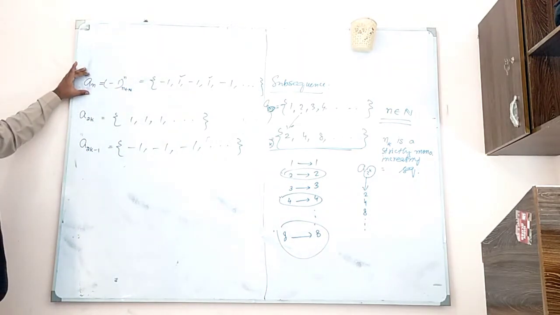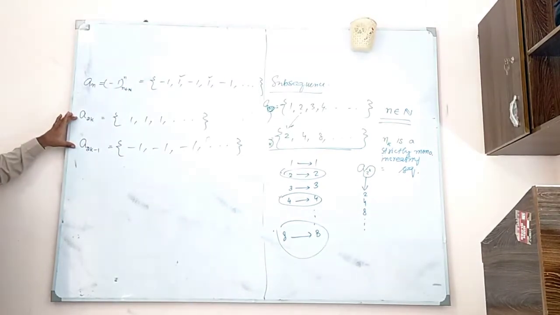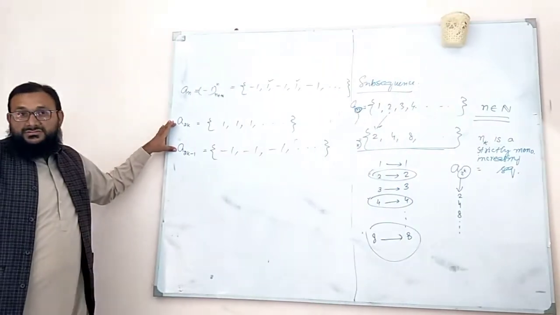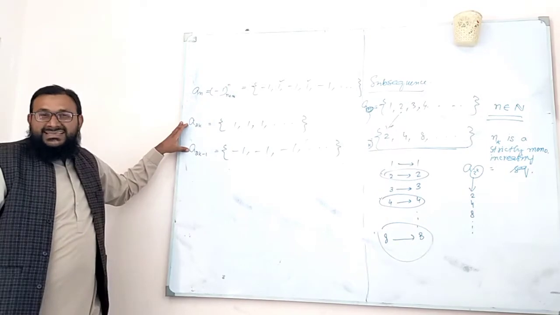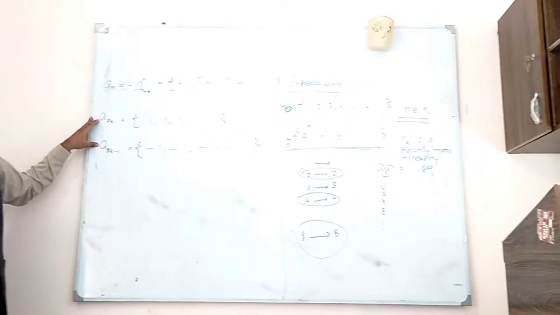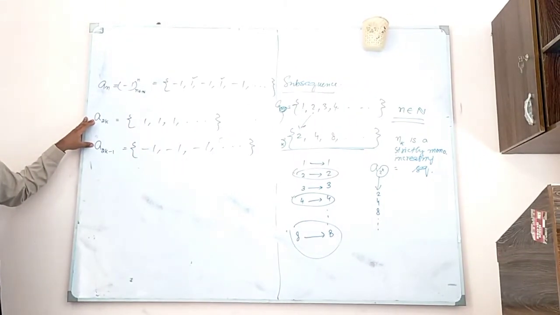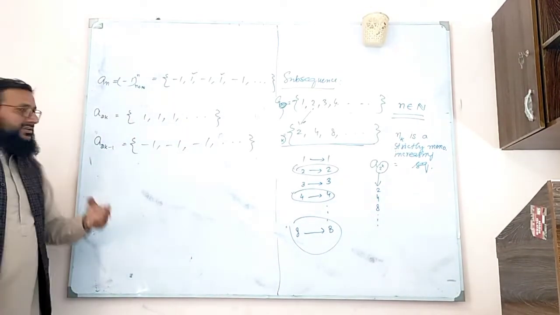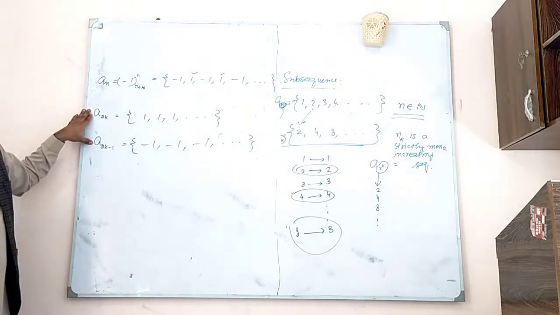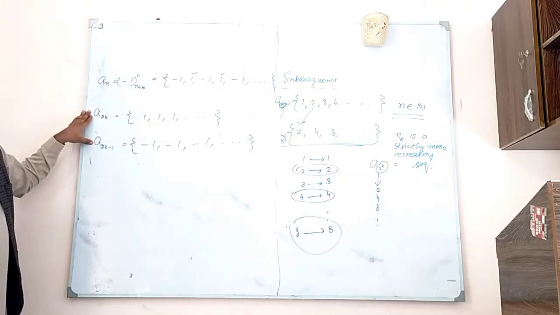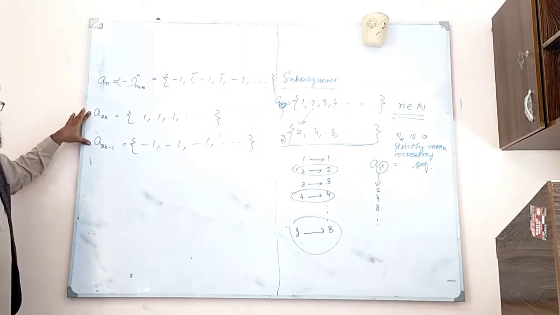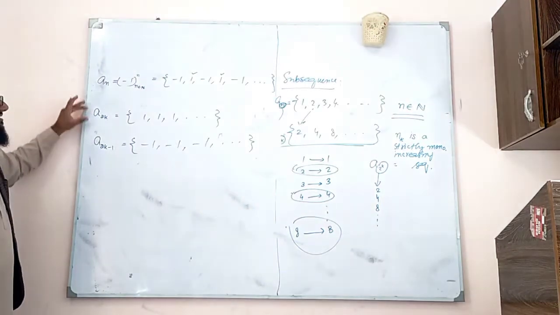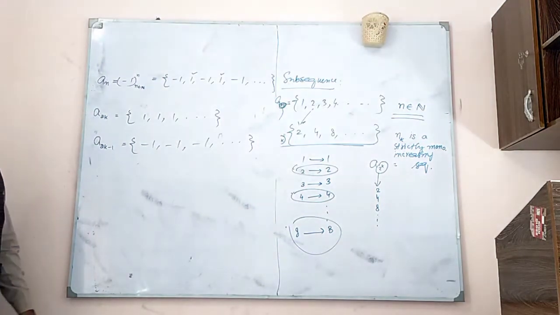So there is a sequence which is not convergent, but its subsequences are convergent. Is it possible always? Not necessarily. So what is the condition? You can see this is a sequence which is not convergent, but it has certain subsequences which are convergent. What is the condition that relates these two ideas?